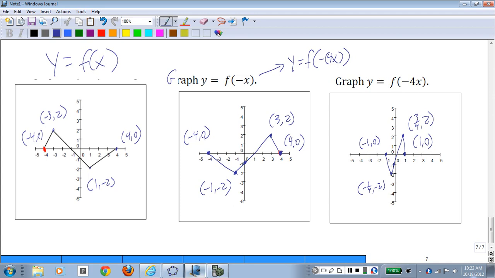So what should the y coordinate of that point be? Well, I would substitute 3/4 for x. So it would look like this. Y equals f of negative 4 times 3/4. So that's f of, what is negative 4 times 3/4? Negative 12/4?